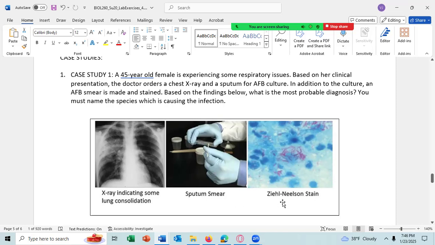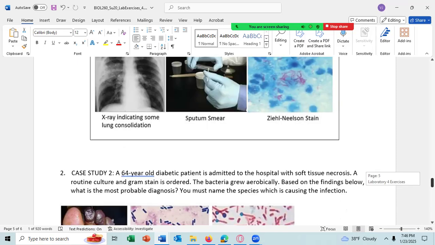They did the Ziehl-Neelsen stain. So tell me what the species is depending on this information. The species causing the patient problems. So you must name the species. You can't tell me the disease.